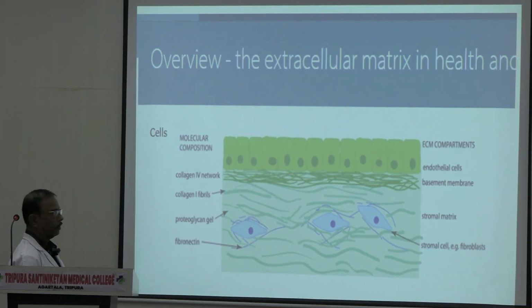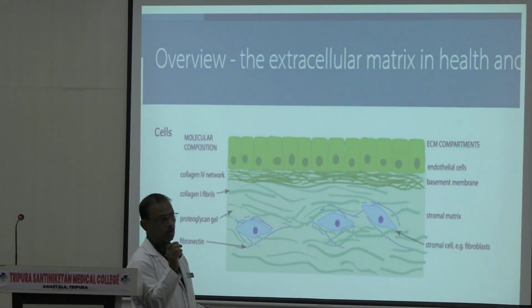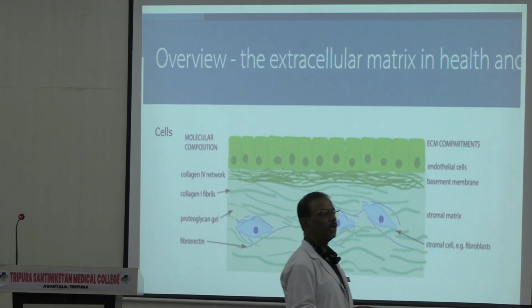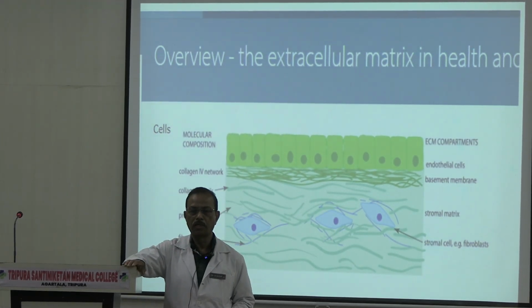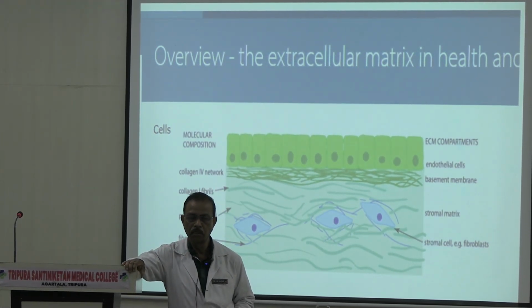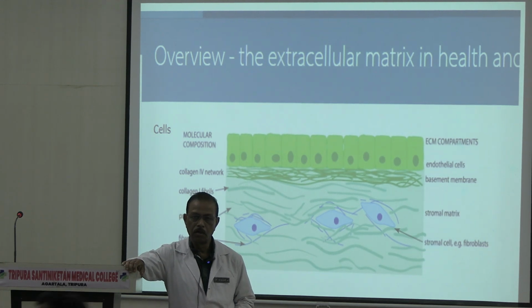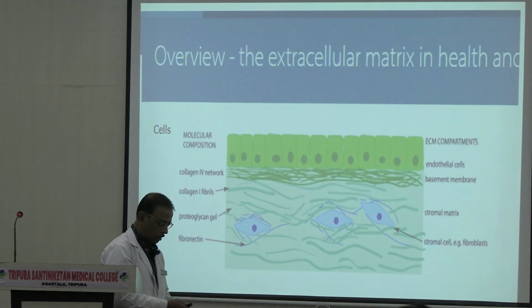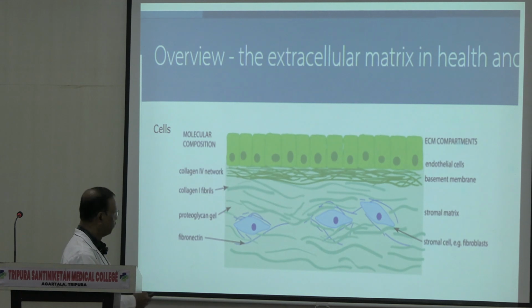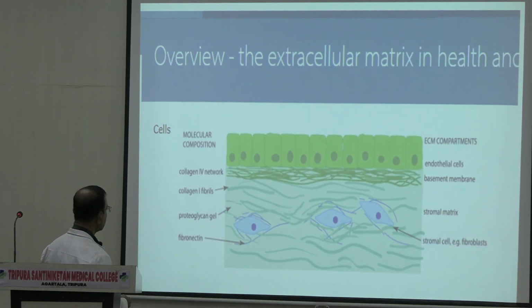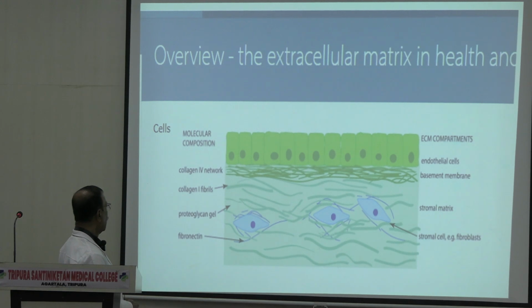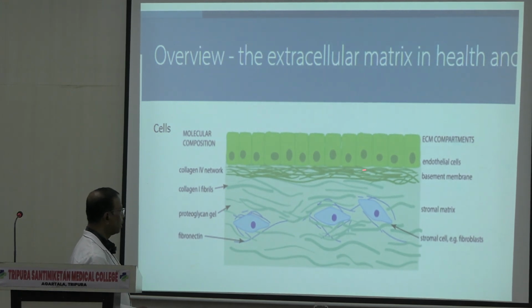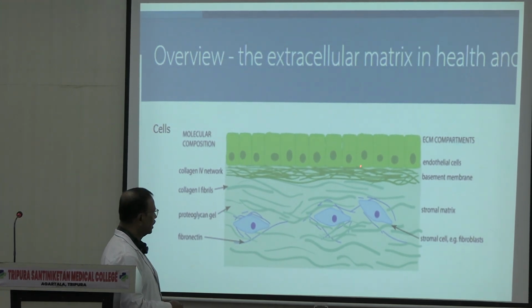Now, extracellular matrix we can broadly find in two types. One is basement membrane, another is gel matrix. So here these are the cells, and this is the collagen network on which these cells rest.